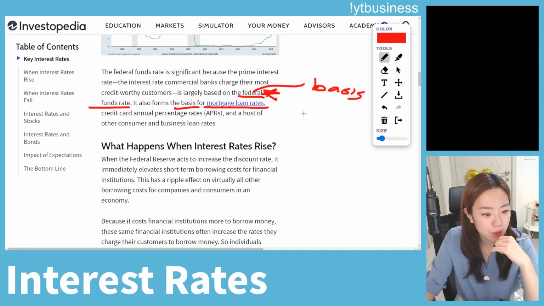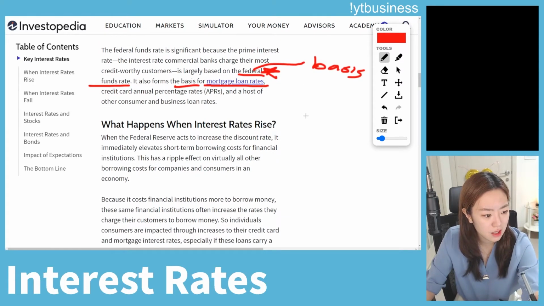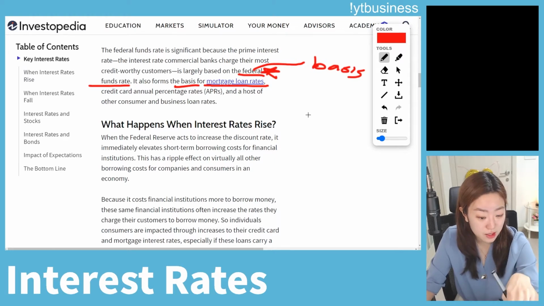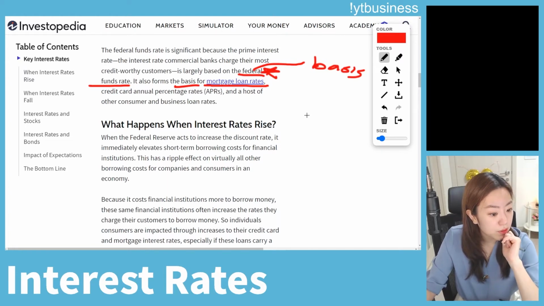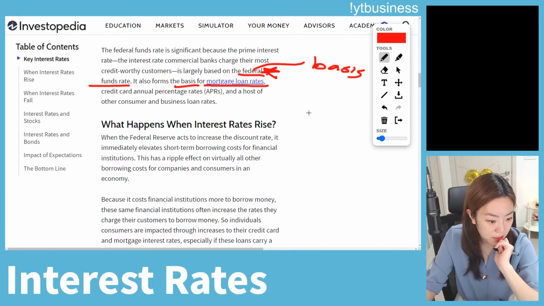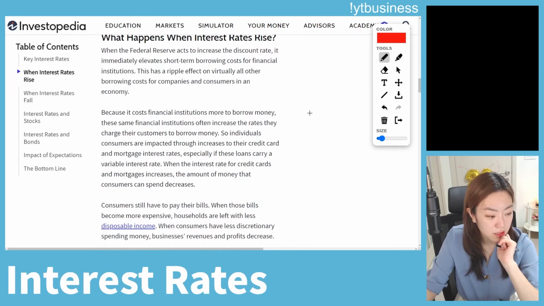So what happens when the interest rate rises? So I'm guessing the interest rate here, what are they talking about? Let's read. When the Federal Reserve acts to increase the discount rate, it immediately elevates short-term borrowing costs for financial institutions. This has a ripple effect on virtually all other borrowing costs for companies and consumers in an economy.